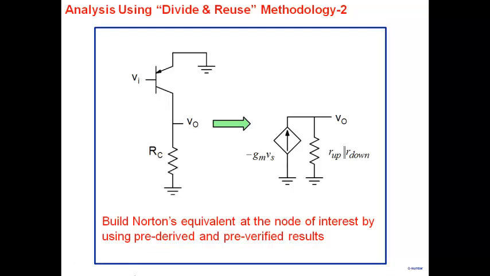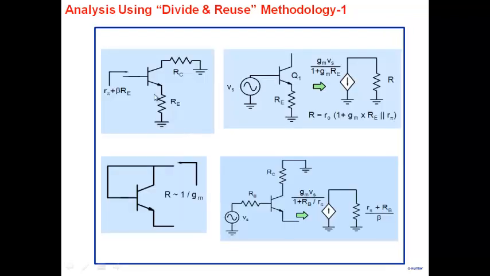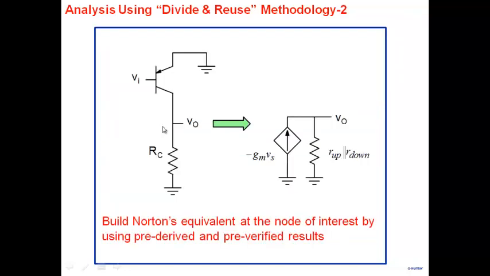So you're only dealing with a fraction of the circuit when you calculate Norton's current here. And then for a stage like this, you apply these things in a systematic manner to calculate what the Norton's current is. In this case, of course, it is straightforward.